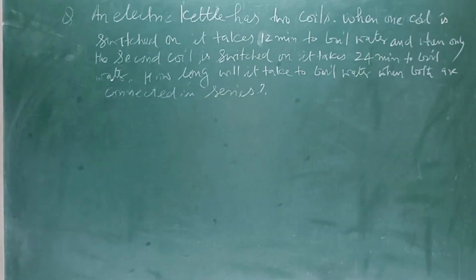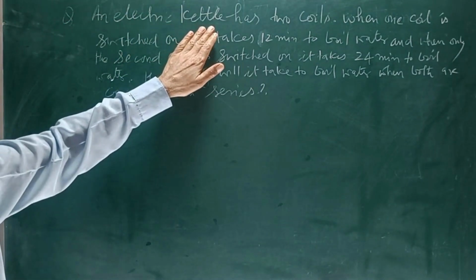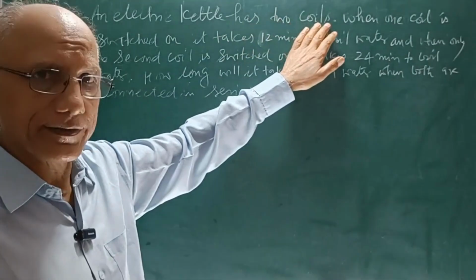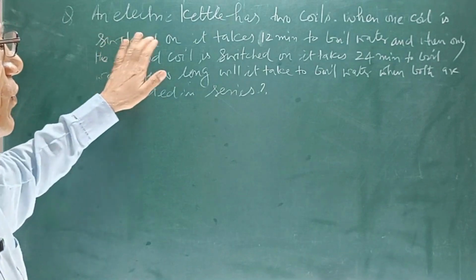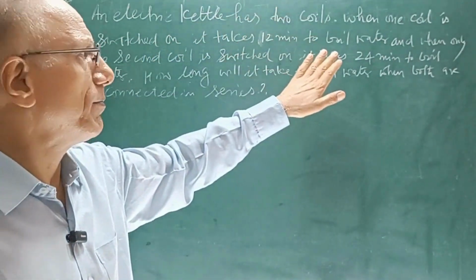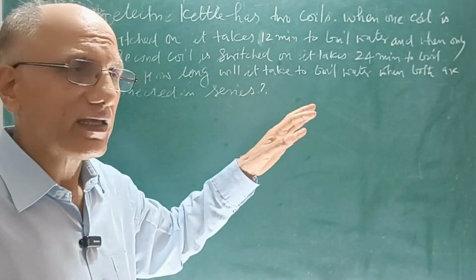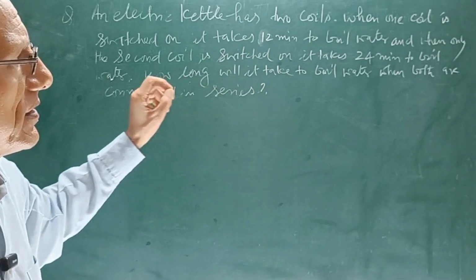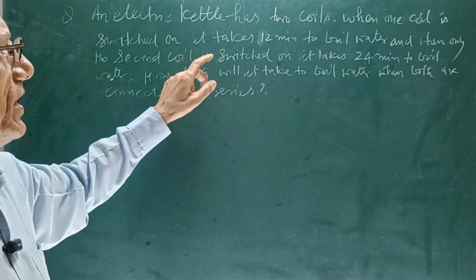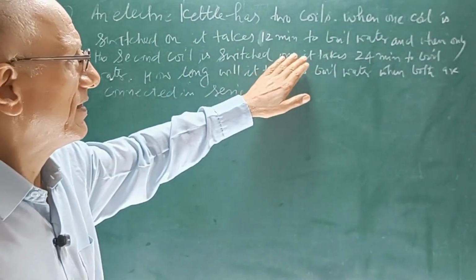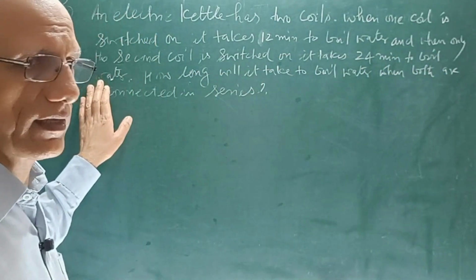Let us try to solve a problem. An electric kettle has two coils. When one coil is connected and switched on, it takes 12 minutes to boil water. And when the same water is taken and the second coil only is switched on, then it takes 24 minutes to boil the water.